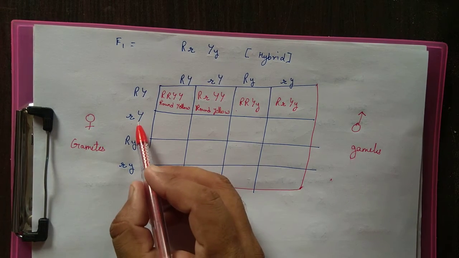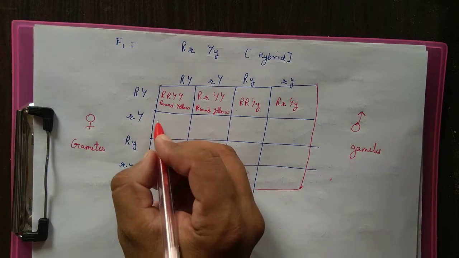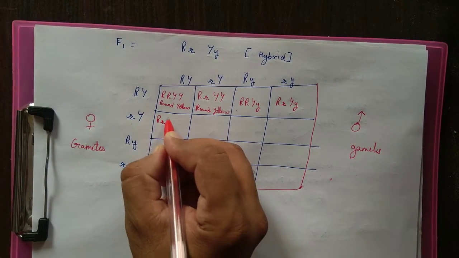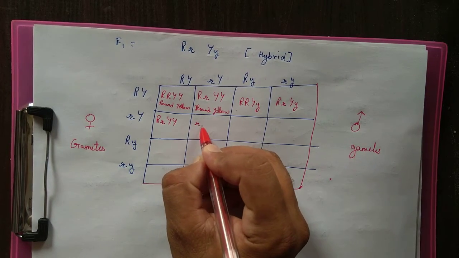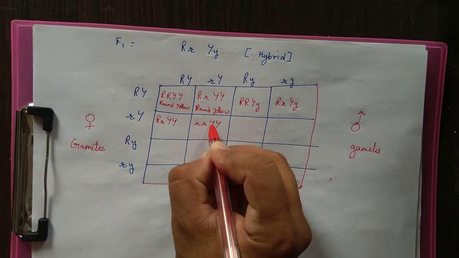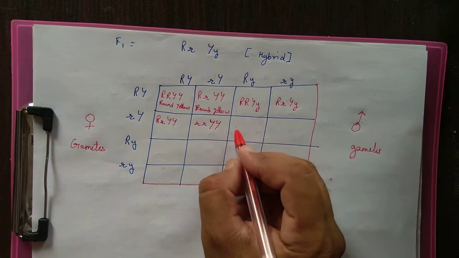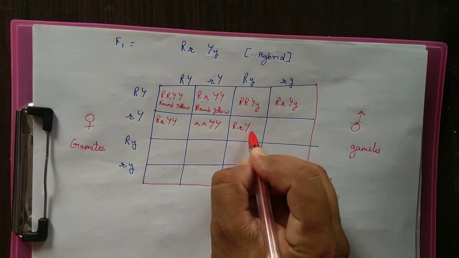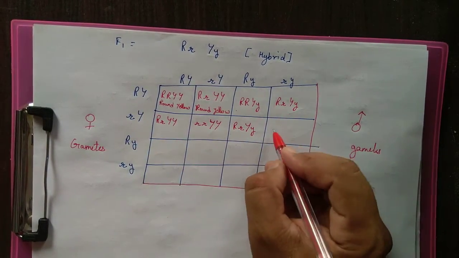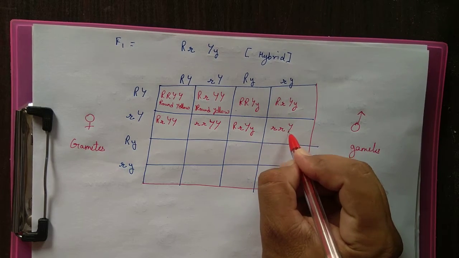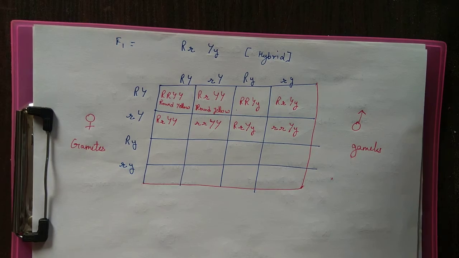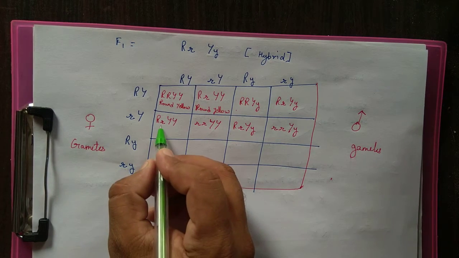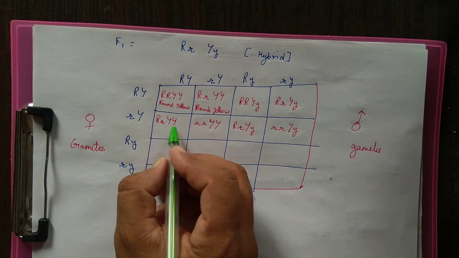If we draw the second row and cross, these are also round and yellow.